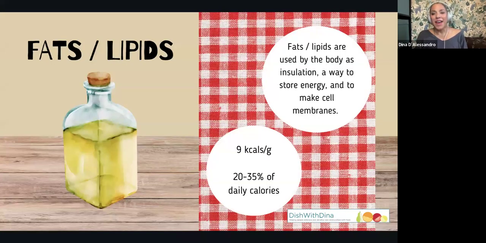And here, fats or lipids are used in a variety of different ways too. So they help insulate us. They protect our organs. They provide some insulation in between our skin, muscle, bones. They are a source of energy as well. So, like I was saying before with the carbohydrates, carbohydrates are going to be used first as a source of energy. Fat is used second.